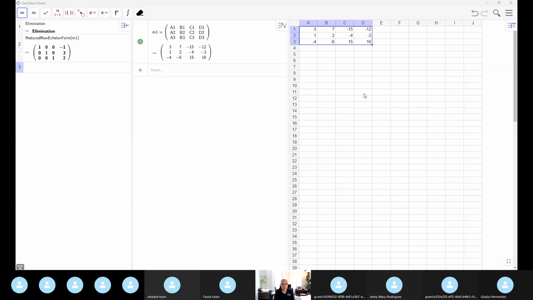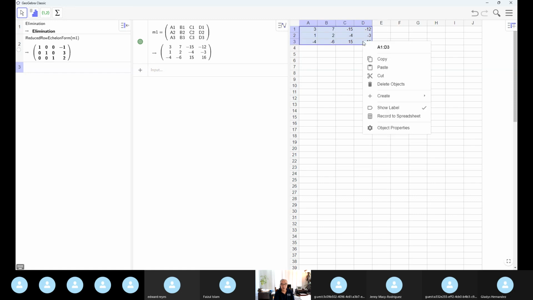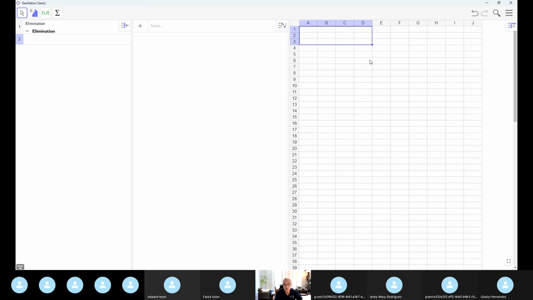Either way, you can edit another matrix or you can delete this matrix if you prefer. It's easy to delete. You select the numbers that you want. Let me copy just in case. Copy. Then you select and press delete on the keyboard, bang, and it's gone. If you want to restore, press paste, and we have the matrix again.